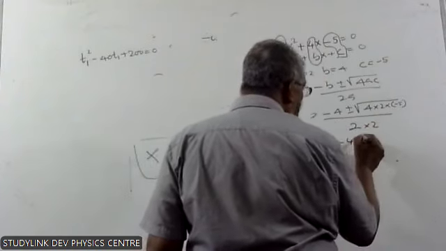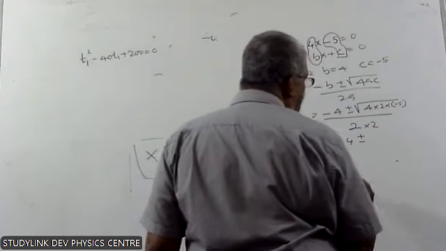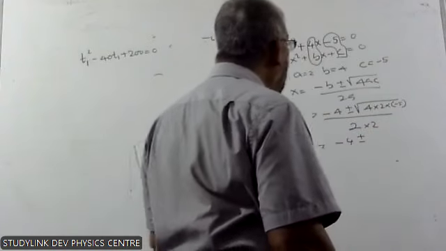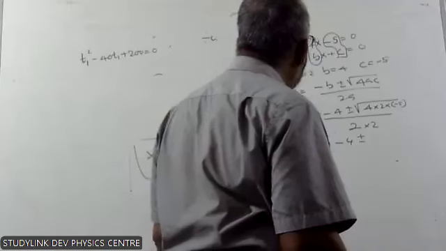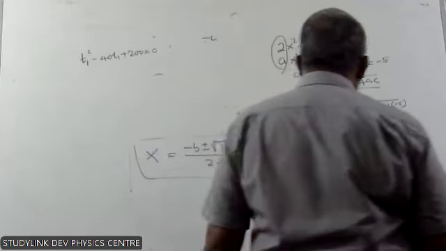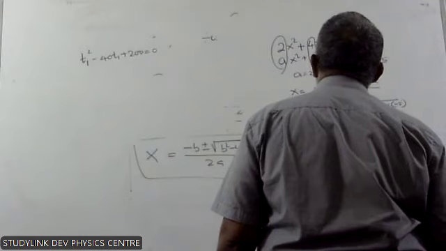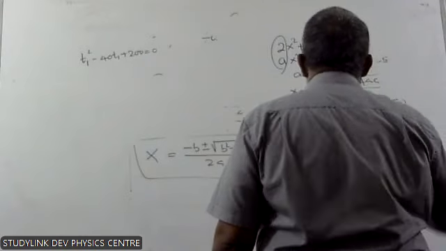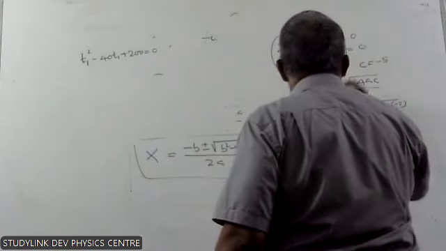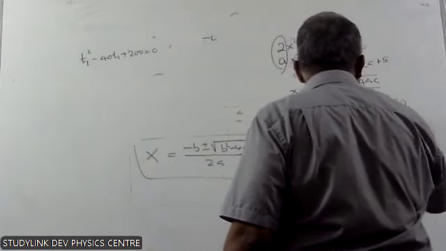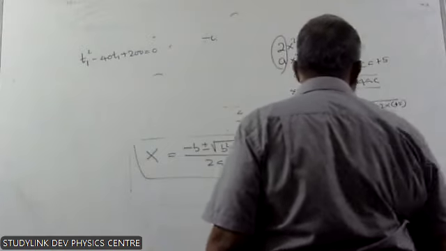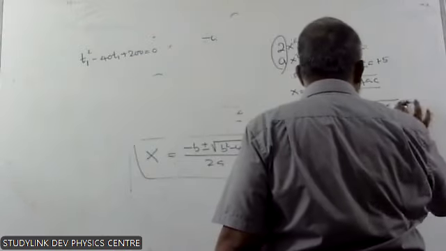Then minus 4 plus or minus. This should be plus 5, not that. This is plus. I'll tell you why.